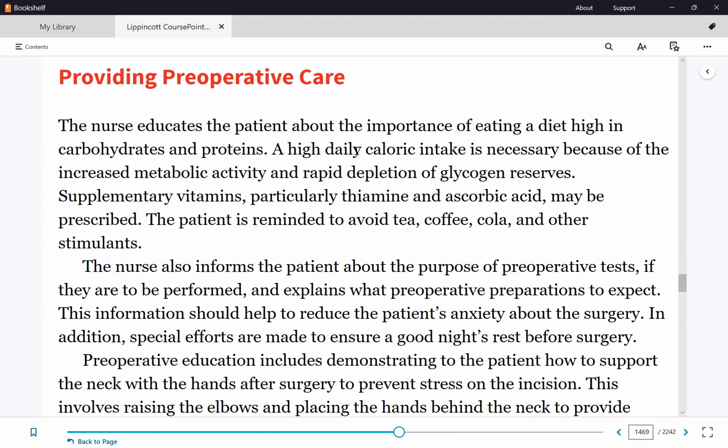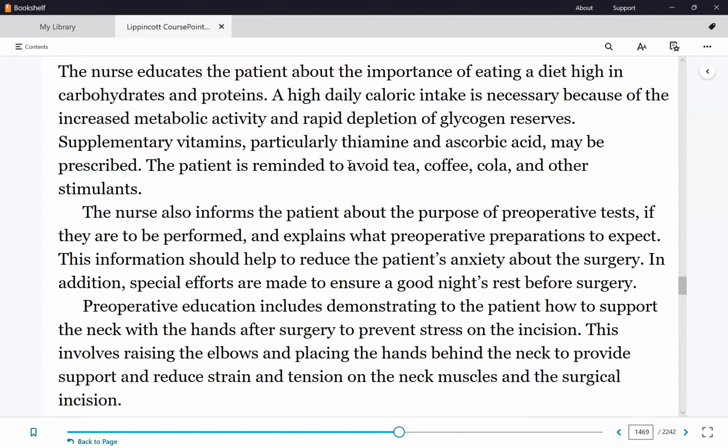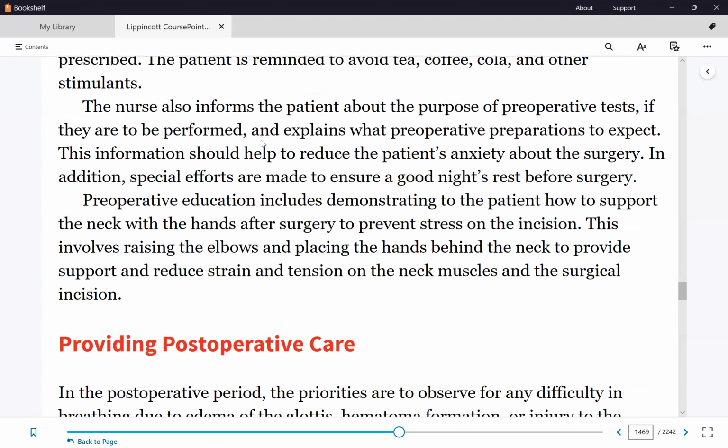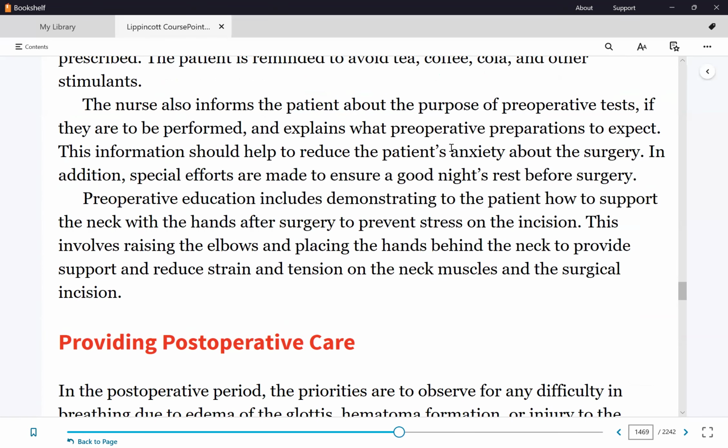So very high daily caloric intake, high protein, high calorie, and we avoid stimulants. We already have a high heart rate, so we don't need any more coffee, soda, or Red Bull. Nothing like that. And we explain to them what will happen after surgery. We'll tell them, okay, you'll have a large incision here on your neck. The doctor will literally slit your throat and open here and then remove the thyroid gland.